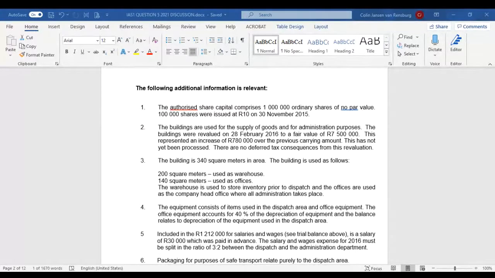So by how much must we revalue it? 7.5 million is now our target figure, the fair value of the buildings as at the end of February 2016. But in our books of account, currently it stands at 672. So if we deduct that 6,720,000 from the 7,500,000, what does it give us?